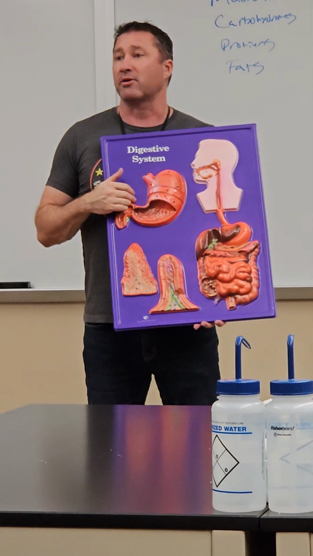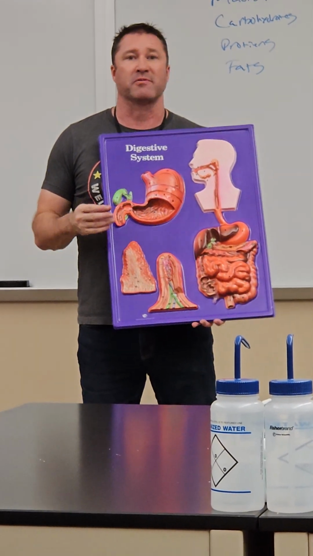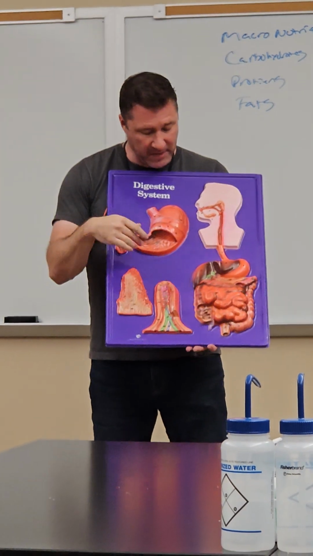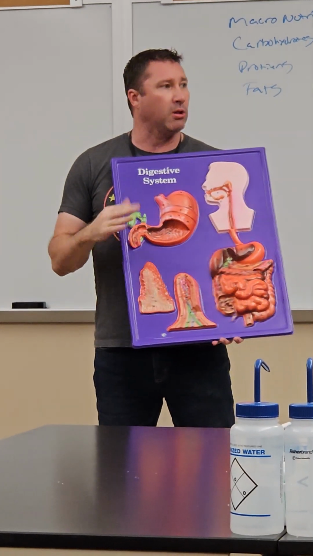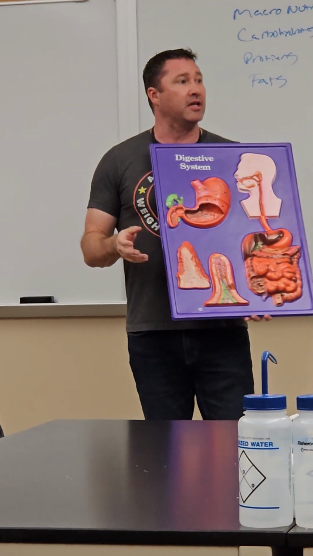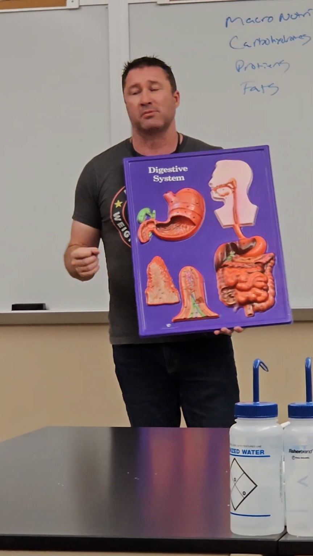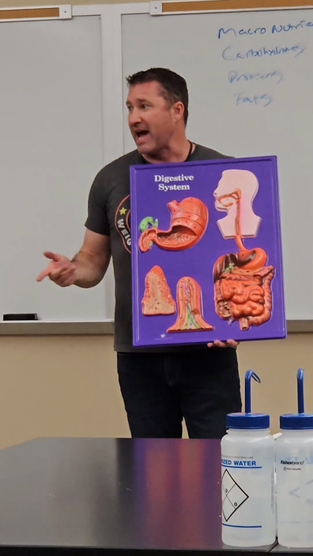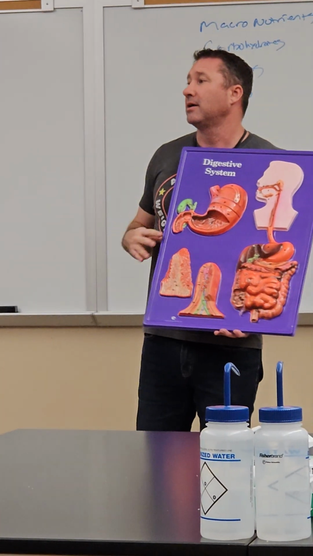So the gallbladder is going to release bile, which helps emulsify fat. That takes a big ball of fat and breaks it down into small globules. And then your pancreas is going to release a whole cocktail of enzymatic juices. So pancreatic juices, which include proteases, which break down proteins, lipases, which break down fat, and things like sucrase.